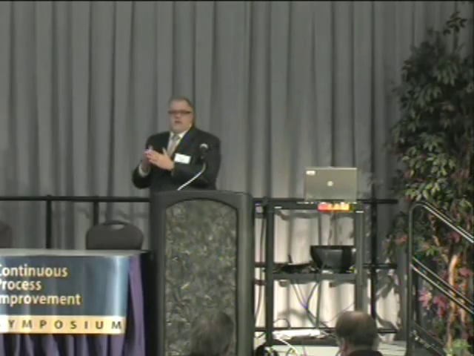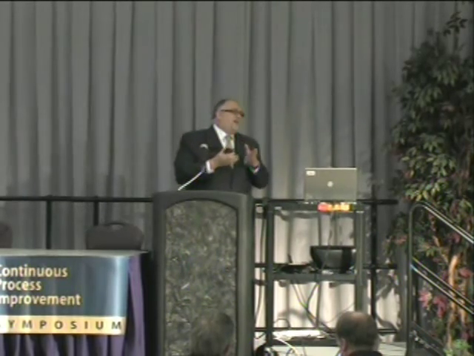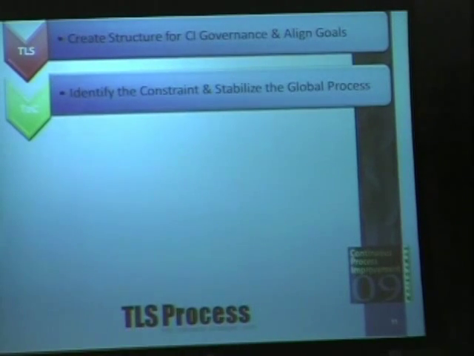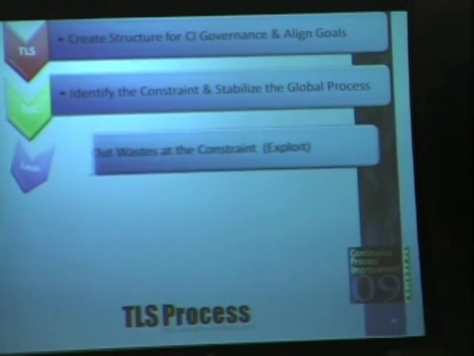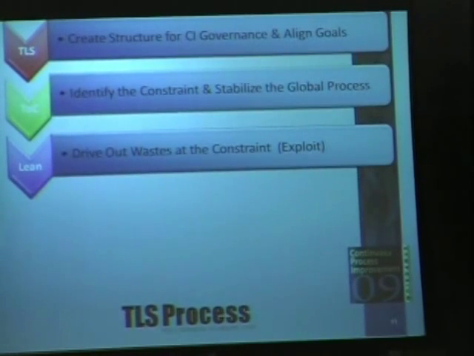Then, once we have a structure, we have a system, we analyze the constraint and stabilize the global processes to make sure that we're not chasing our tail, so we can really focus in on the things that are important. Then we drive out waste at the constraint. We exploit the constraint.